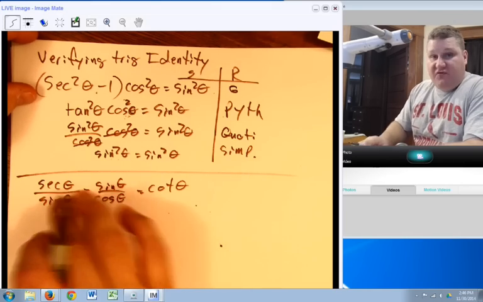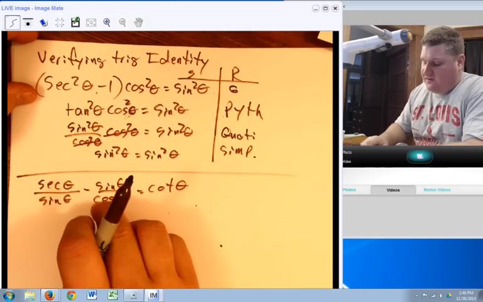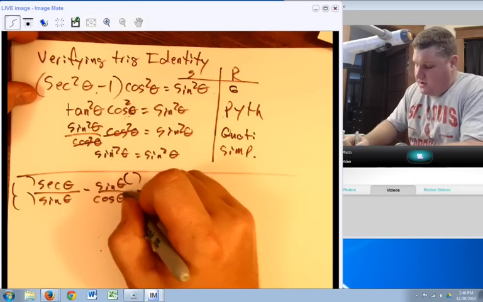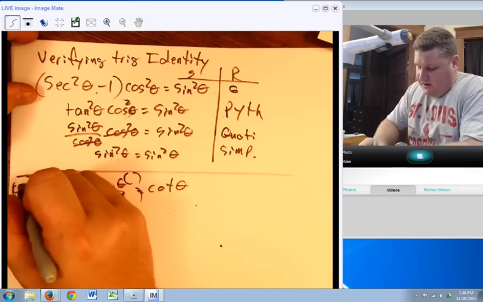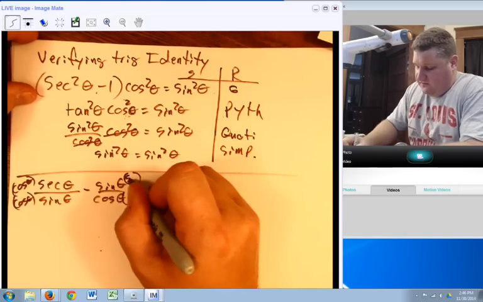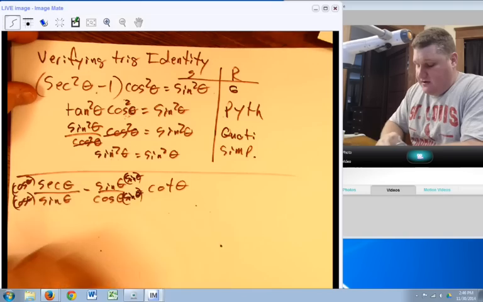With that, I have two fractions separated by a subtraction sign. Well, anytime I have two fractions separated by a plus or minus sign, I'm going to go for some common denominators. So over here, cosine theta, sine theta, and I multiply everything through.